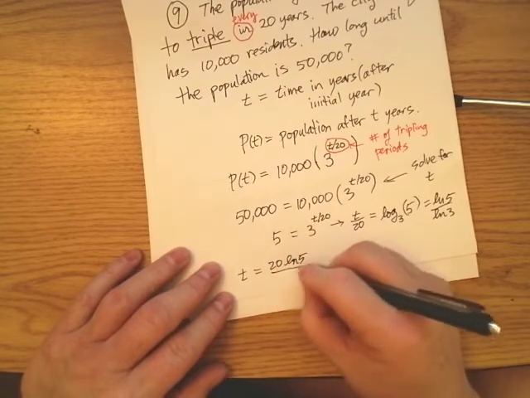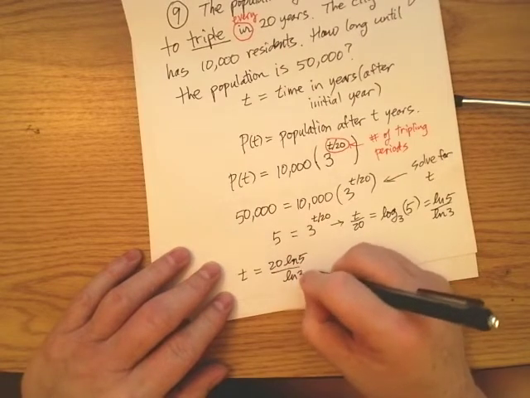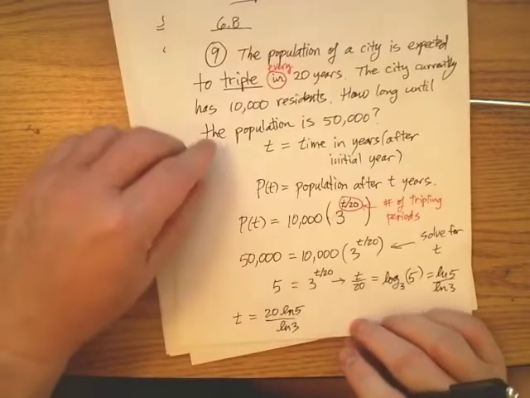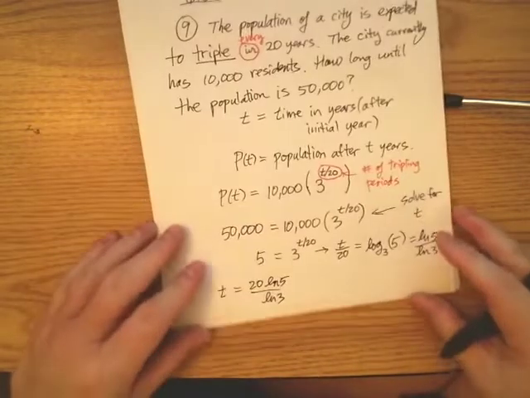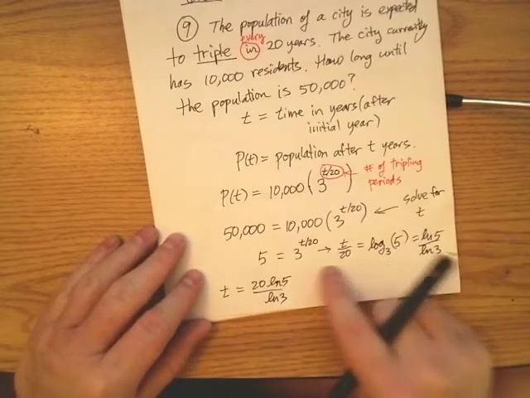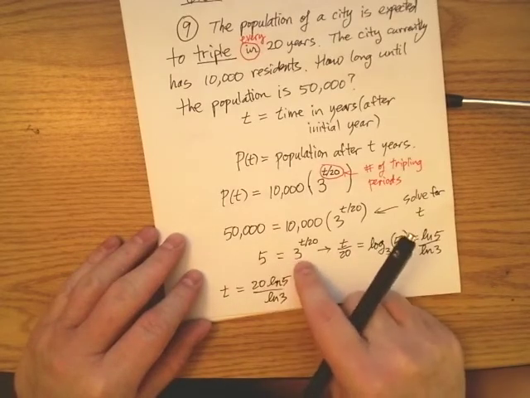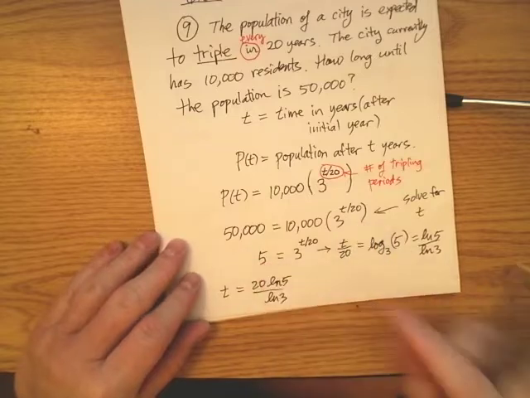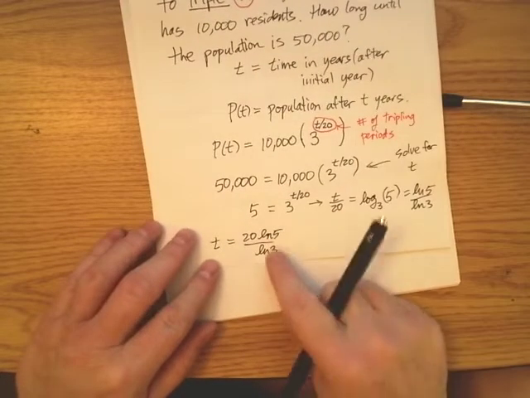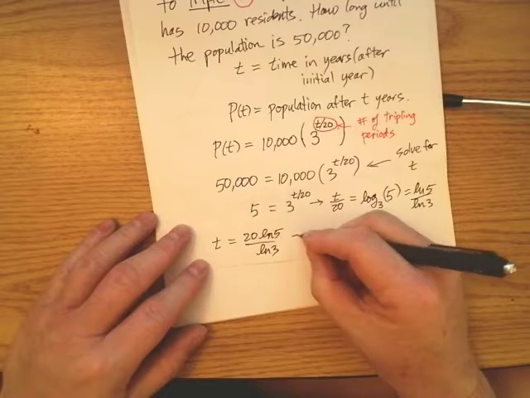What we're really finding here is the population has actually grown by a factor of 5. And if we're tripling every 20 years, we're wondering how many times you have to triple to get 5. It's going to be a fraction of a tripling number. Anyways, here we go.